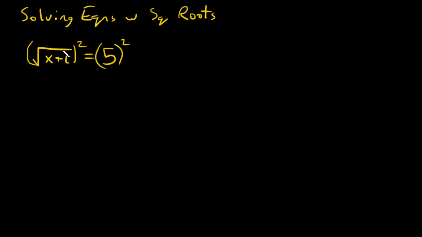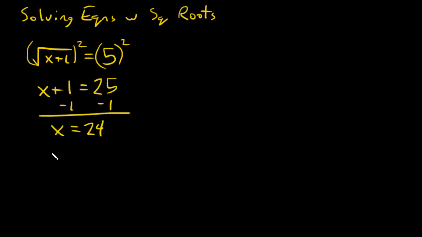The square cancels the root and leaves x plus 1 equals 5 squared, 25, and then I can solve: minus 1, x equals 24. That's it. It could not be easier to solve equations with roots in them.